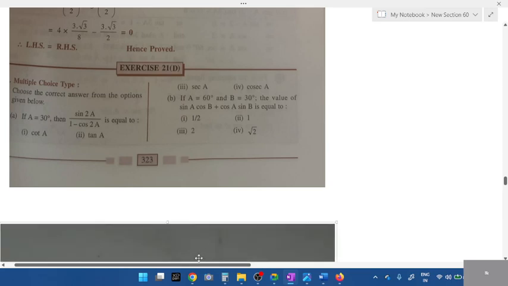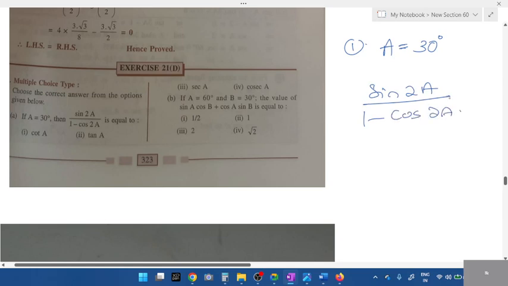It's a simple concept, same like 21C. Look at the first question, MCQ, first one. If they give you the value of a certain variable, example, first question, A is equal to 30 degrees. Then the question is sine 2A divided by 1 minus cos 2A.